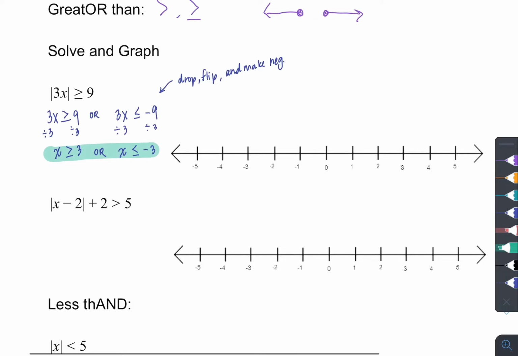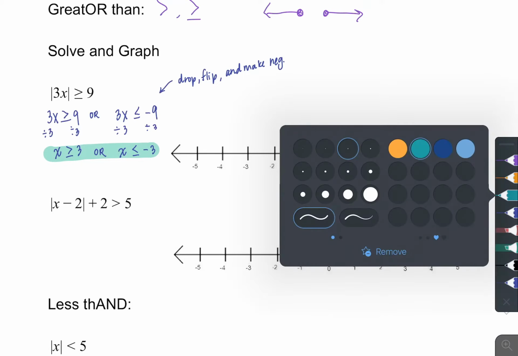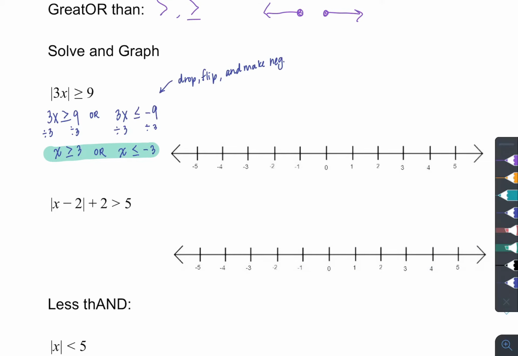And so for our graph, at 3, we're going to have a closed circle because of this underline here. And then the arrow is pointing to the right. And then for x is less than negative 3, we're going to have a closed dot on negative 3 pointing to the left.